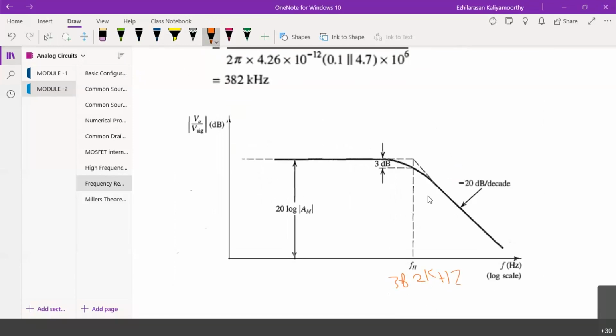Higher cutoff frequency means it's a low pass filter actually. Up to 382 kilohertz it will pass and allow the frequencies. After 382 it will reject. That is why I can say it is low pass.